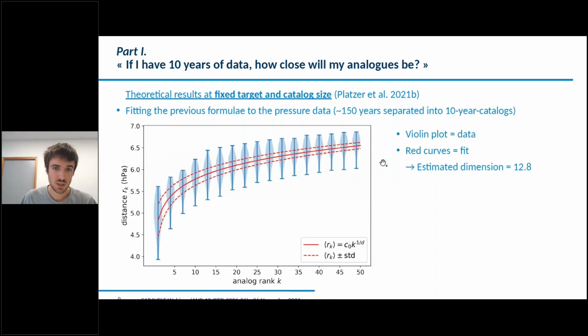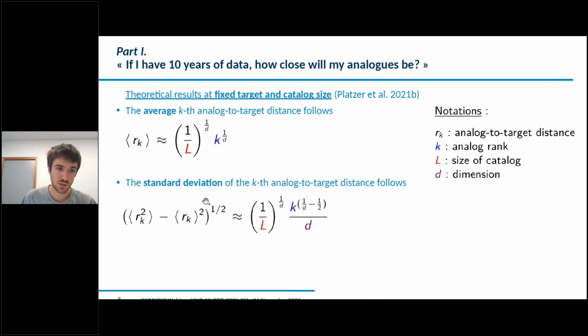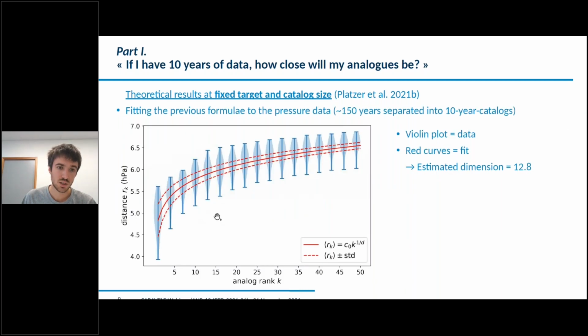Okay, and here is an example that shows that using this pressure data and doing exactly what I've shown you, we can see that our theory for these two formulas does fit the data that we find.